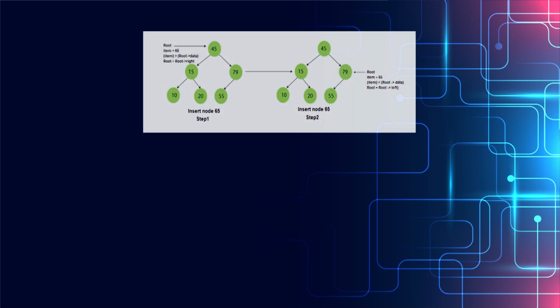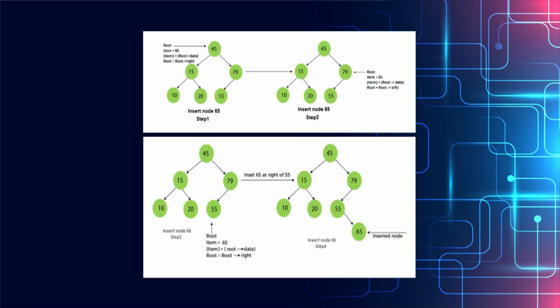Here we have a tree where 45 is the root node, 15 is the left successor, 79 is the right successor, 10 is the left successor of 15, 20 is the right successor of 15 and 55 is the left successor of 79. Suppose I want to insert a new item, 65.